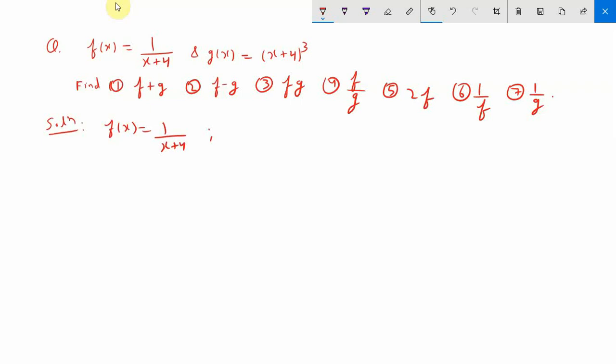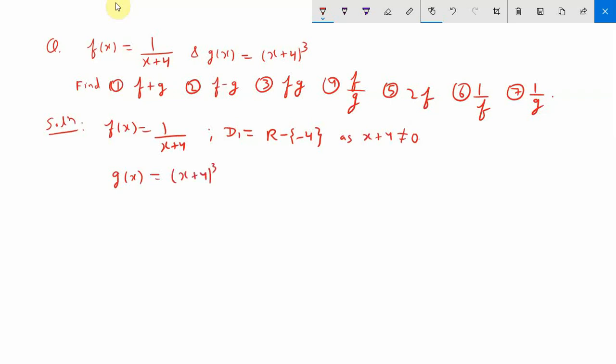So we can write D1 equal to R minus {minus 4}. Then we have to find the domain of g(x). g(x) = (x + 4) to the power 3.